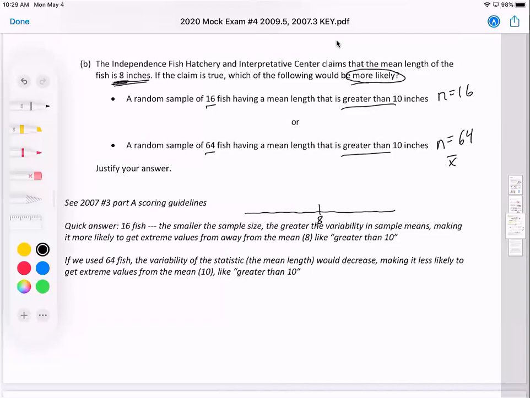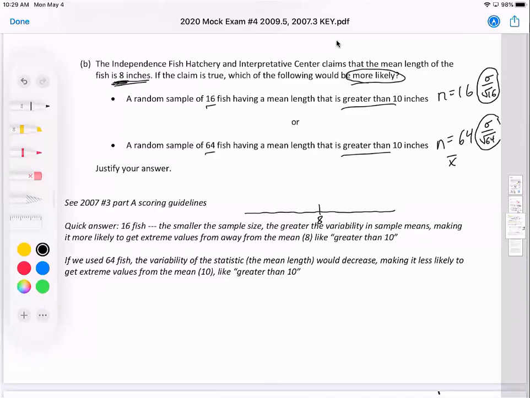So if we took a sample of 16, our standard deviation, if we actually knew the population standard deviation, the variability would be sigma over square root 16. Versus this one, the variability of the sampling distribution of X bar would be sigma over square root 64.